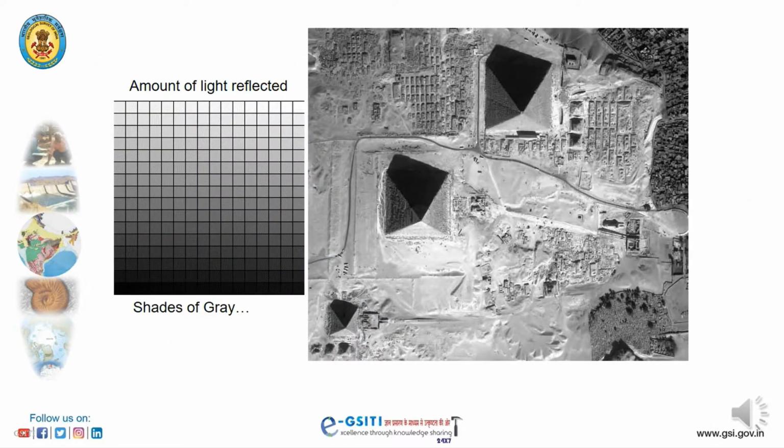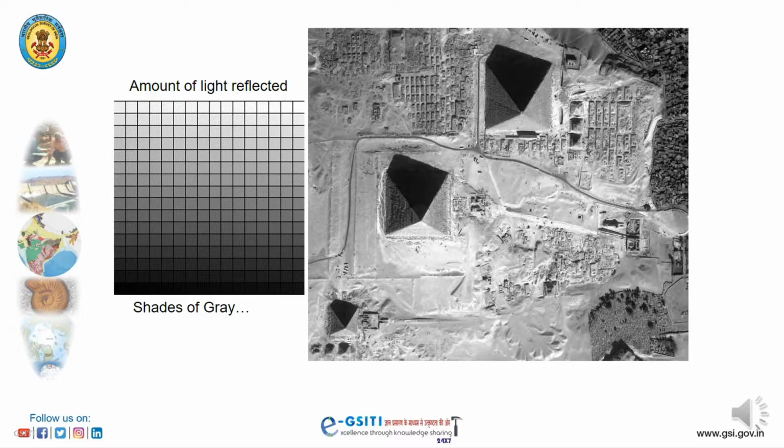Let's see this aerial photograph. Definitely, you will identify some features. You can easily identify the Great Pyramids of Egypt based on its shape and your previous knowledge about that megastructure. But as an image analyst using the key elements of interpretation, I will try to see this imagery in different shades of gray. You can see the variation of gray in this particular image from darker to brighter.